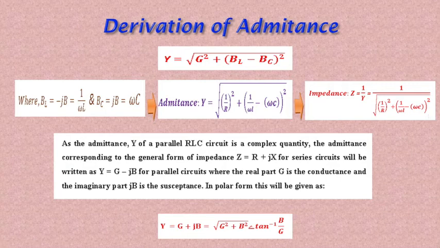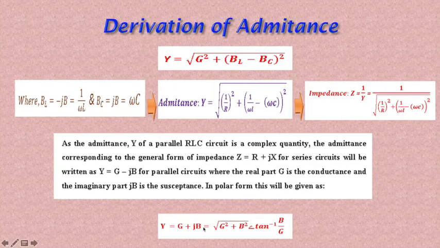As the admittance Y of a parallel RLC circuit is a complex quantity, the admittance corresponding to the general form of impedance Z equals R plus jX for a series circuit will be written as Y equals G minus jB for a parallel circuit, where the real part G is the conductance and the imaginary part jB is the susceptance.